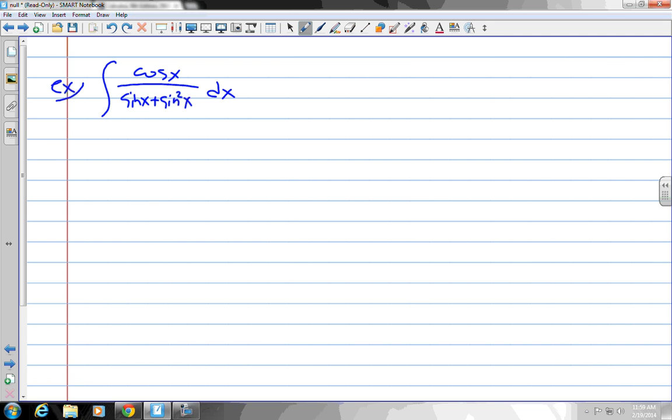It feels like there is some kind of quick substitution you can do. You have a bunch of sines and a lonely little cosine, right? Because if you let u equal sine x, then du is cosine x dx. Feels good. And if it feels good, it's got to be correct.